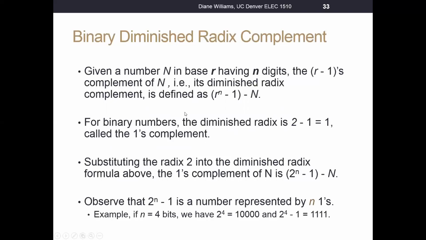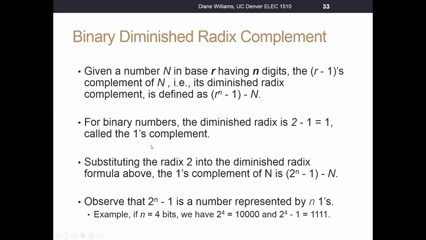We'll see that when we interpret a number. Given some number n in base R, and that number has small n digits, the R minus 1's complement of n, otherwise known as its diminished radix complement, is defined as R to the n, the base raised to the number of digits, minus 1, then minus the original number n. We'll see how to do this in binary.